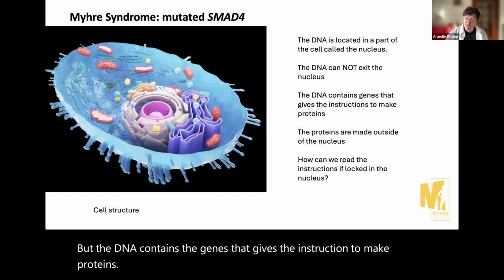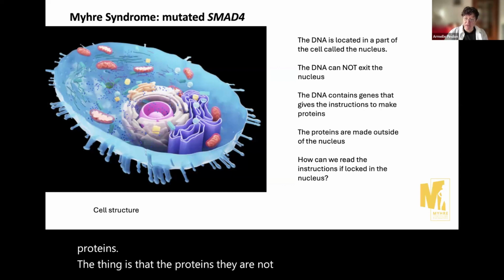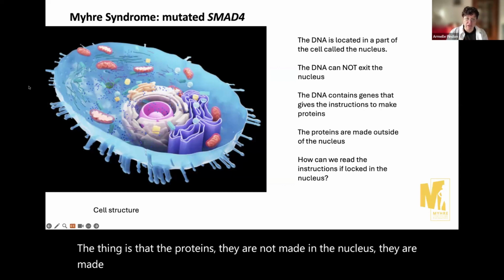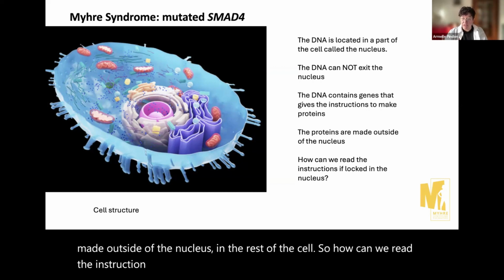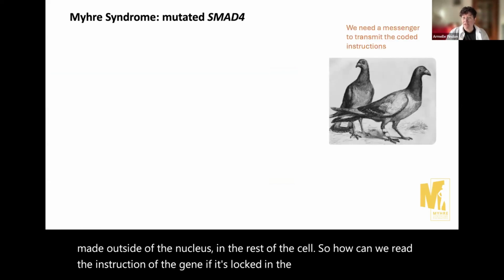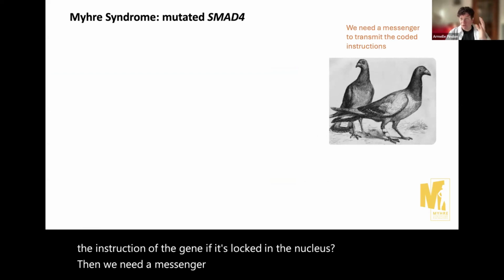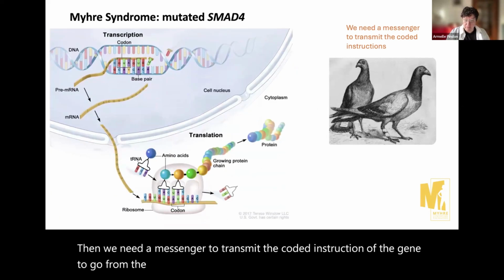The thing is that the proteins are not made in the nucleus, they are made outside of the nucleus, in the rest of the cell. So how can we read the instruction of the gene if it's locked in the nucleus? Well, then we need a messenger to transmit the coded instruction of the gene from the nucleus to the cell. And that's what we call a messenger RNA.